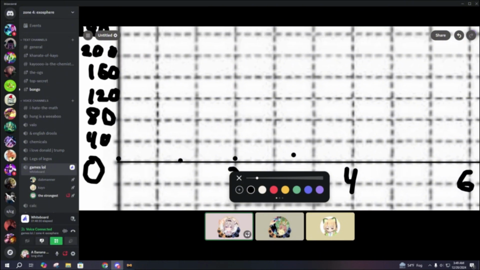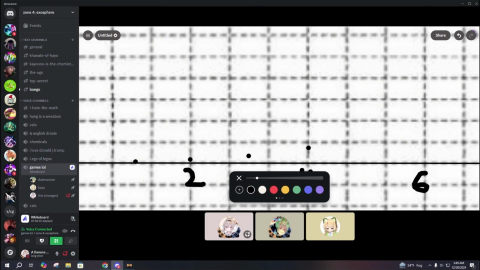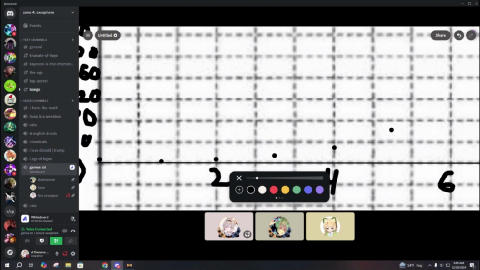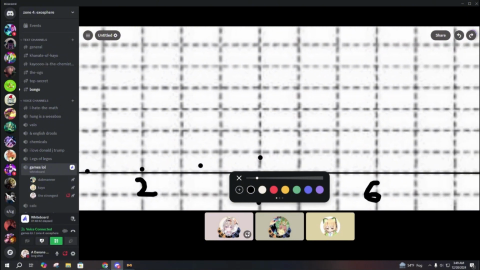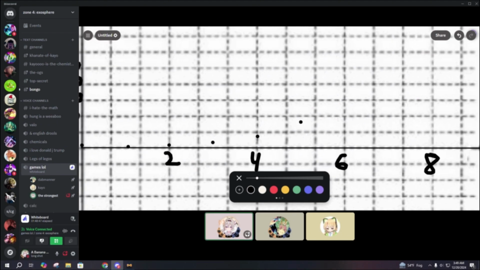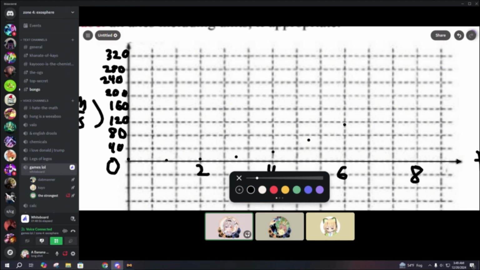X equals 4, now it's at 33. X equals 5, now it's at 67. X equals 6, now it's at 119. X equals 7, now it's at 191. And x equals 8, now it's at 288.